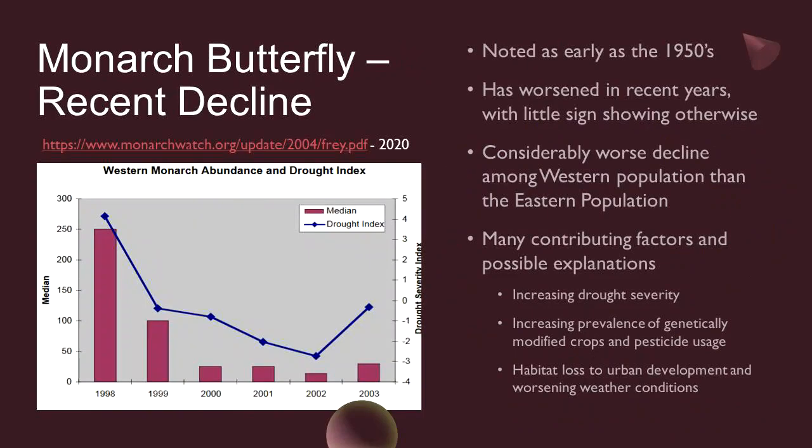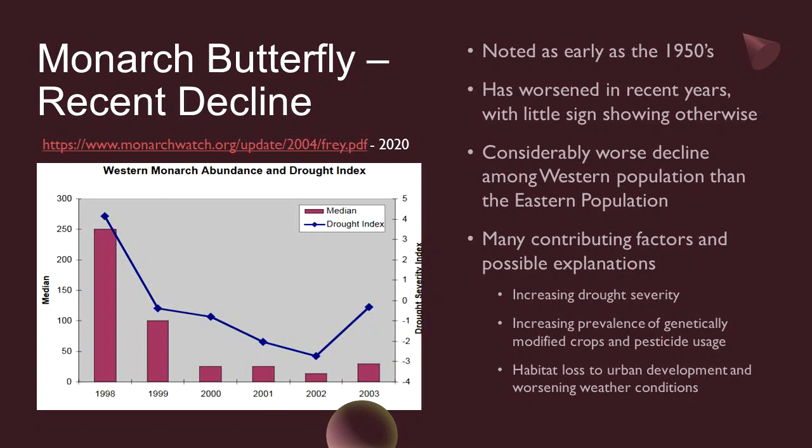There has been a recent decline, especially in the western monarch, although overall population decline has been noted as early as the 1950s. It's worsened over the years, and while there have been some upsides, as you can see in this graphic here, overall there have been little signs showing otherwise.